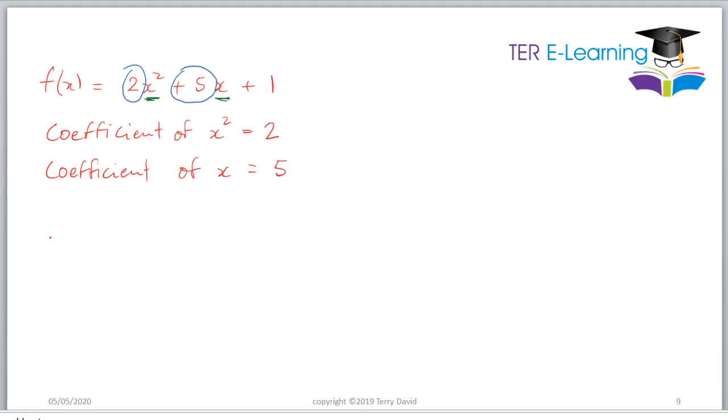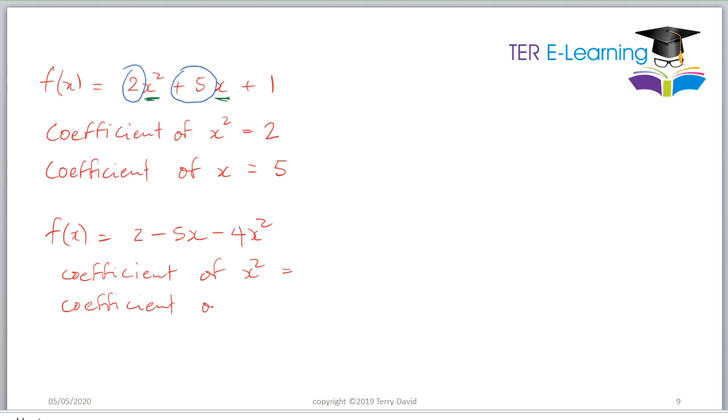Let me give you the next one. Let's say I have f of x is equal to 2 minus 5x minus 4x squared. I would like to get two things: the coefficient of x squared, and also the coefficient of x. First, what is the coefficient of x squared?